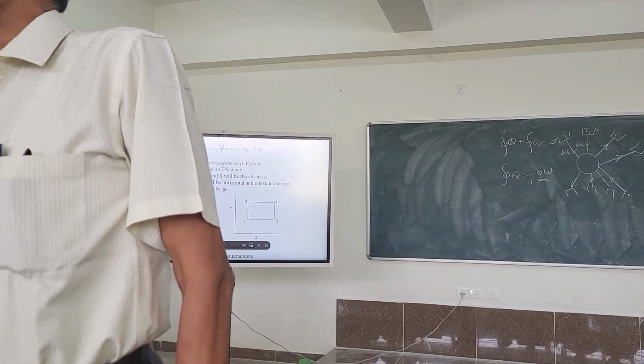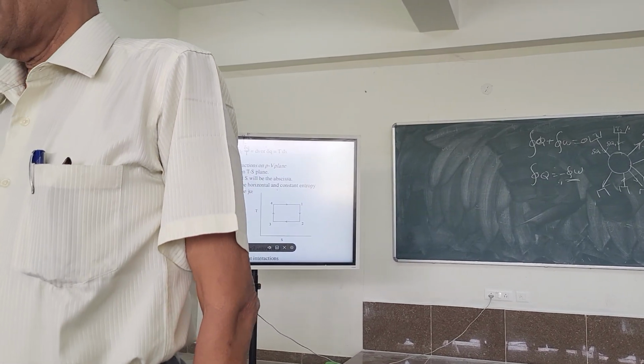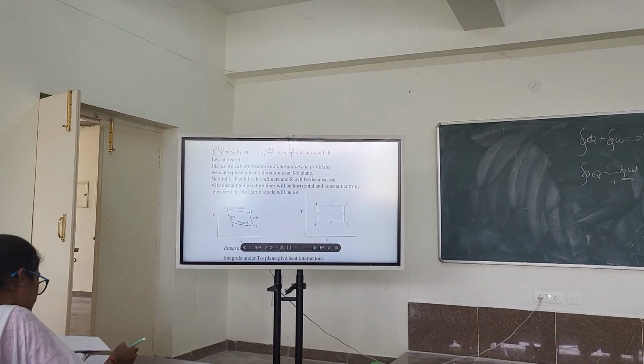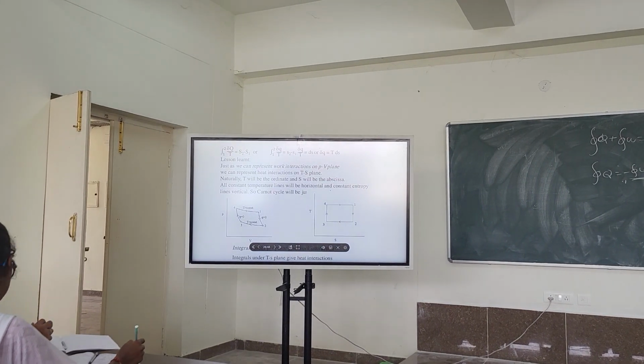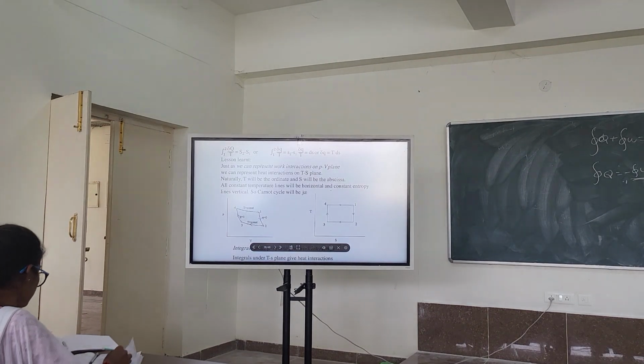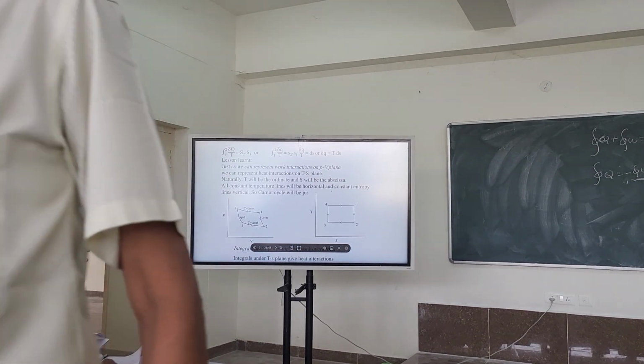On the PV diagram, what is the work done in a Carnot cycle?